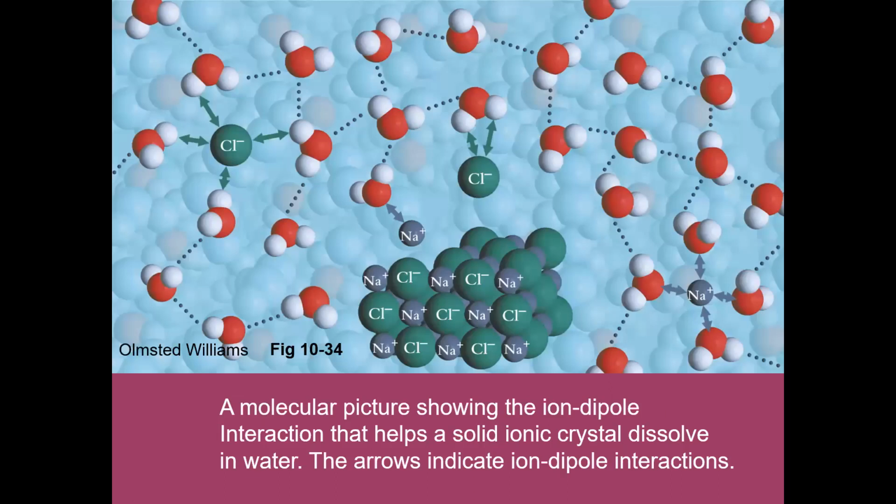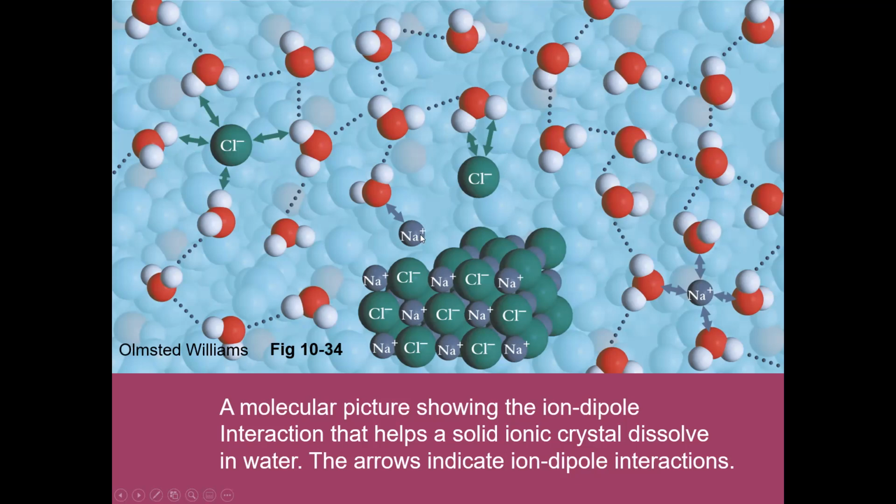And here is a picture showing the ion-dipole interaction that is dissolving salt in water. And that is an ion-dipole interaction. These arrows right here are showing you the ion dipole. This is a negative. So of course, the positive end, which is the hydrogen, would be involved.